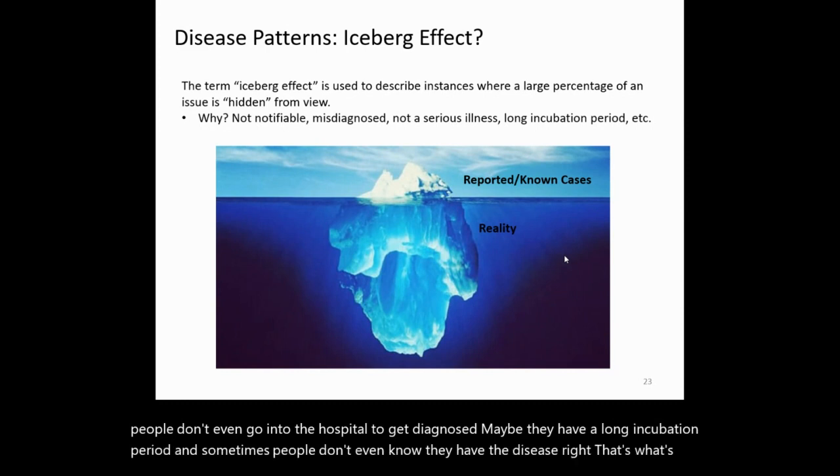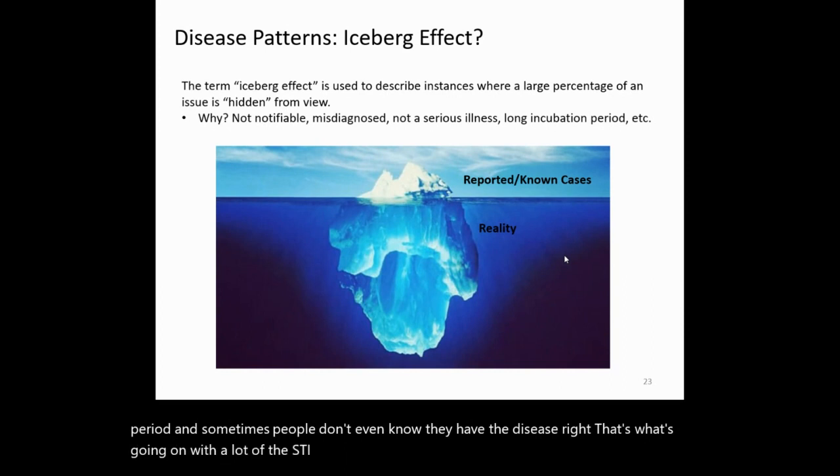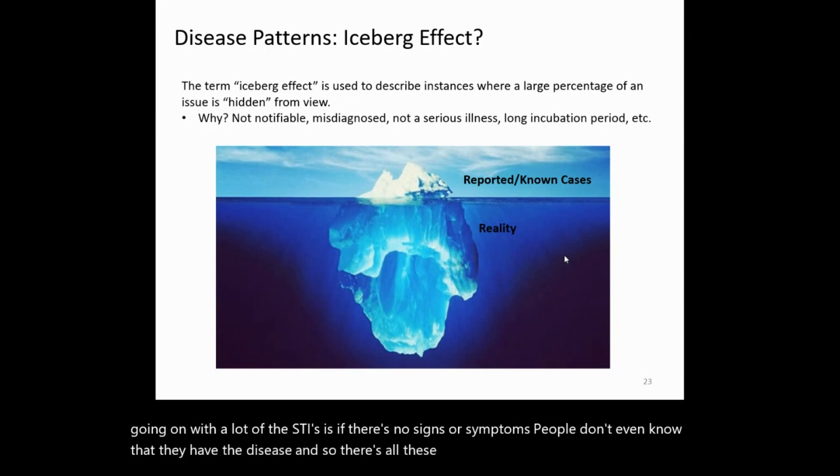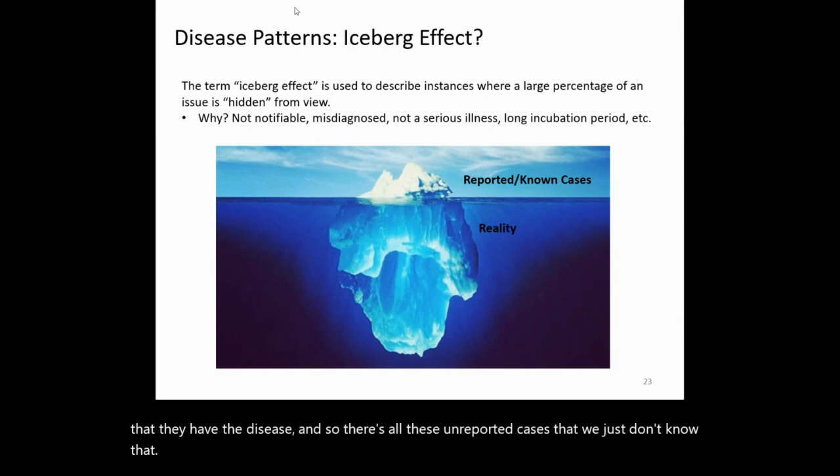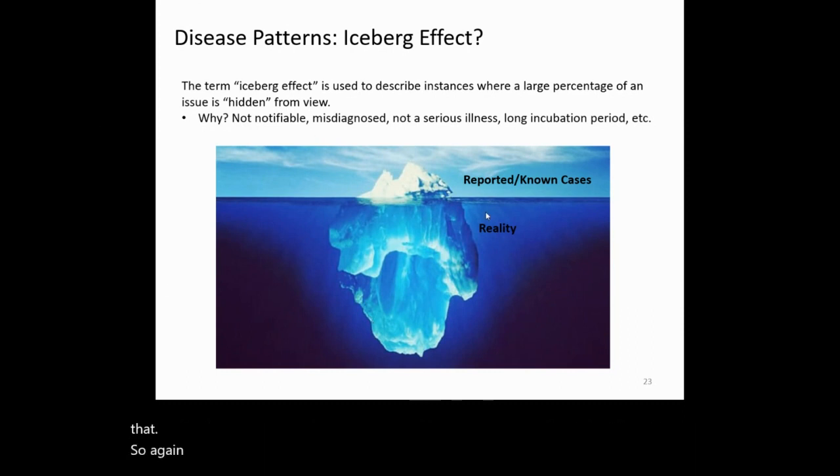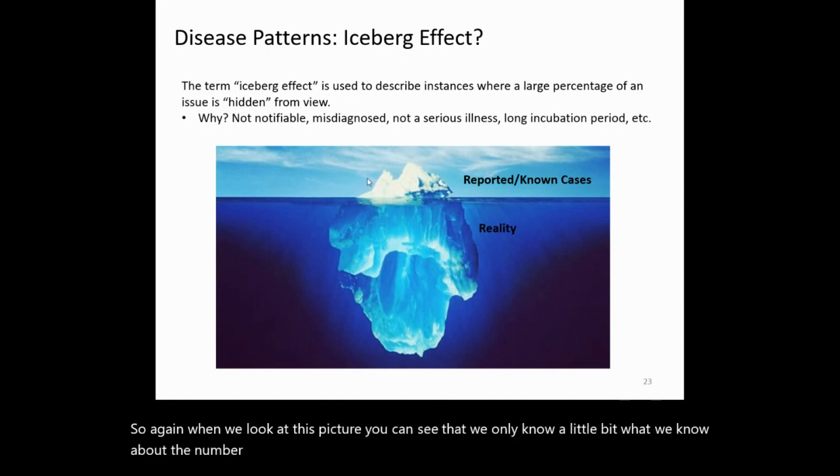That's what's going on with a lot of the STIs: if there are no signs or symptoms, people don't even know that they have the disease. And so there are all these unreported cases that we just don't know about. Again, if you look at this picture, you can see that we only know a little bit. What we know about the number of cases is just the tip of the iceberg, when in reality, there are a lot more cases out there.